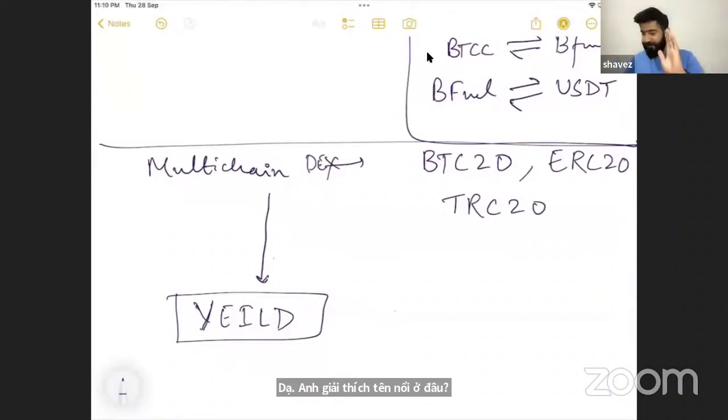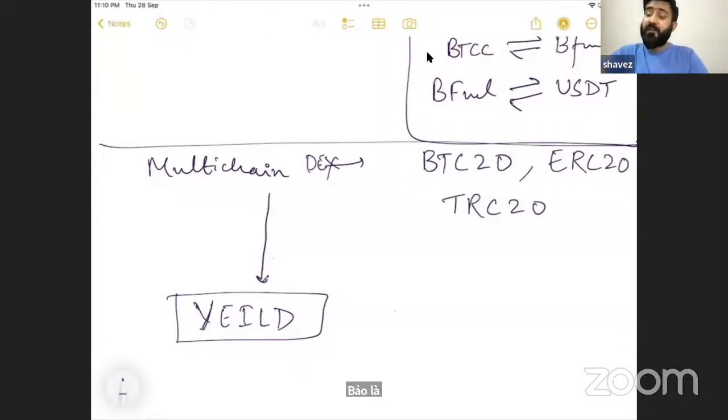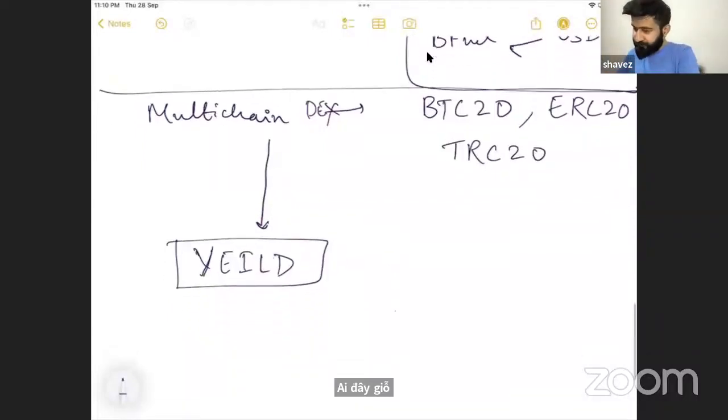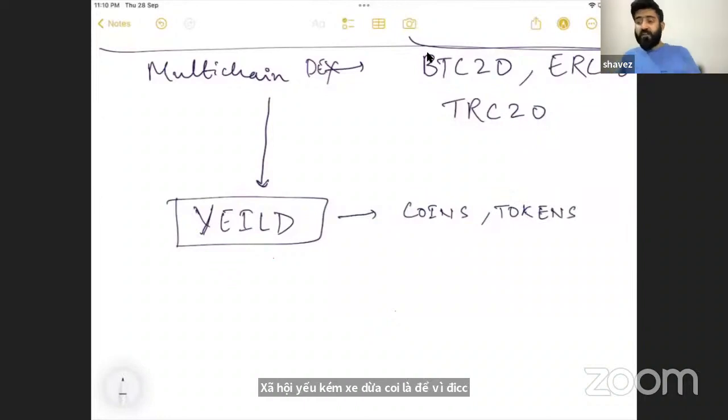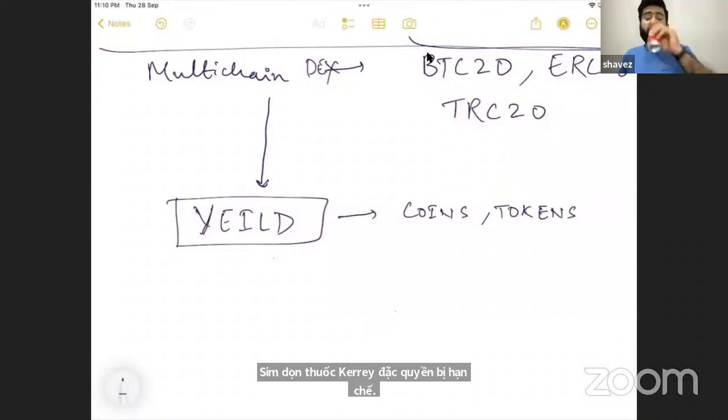All right, yes, staking. But see, these things will be live on our DEX. And it is not just that, we have more than yield. Let me tell you. You can stake your coins, that is BTCC, your tokens that will be on the BTC20 chain.